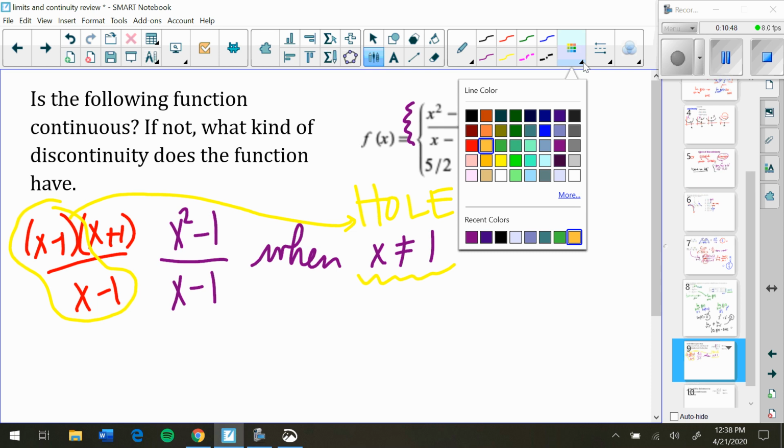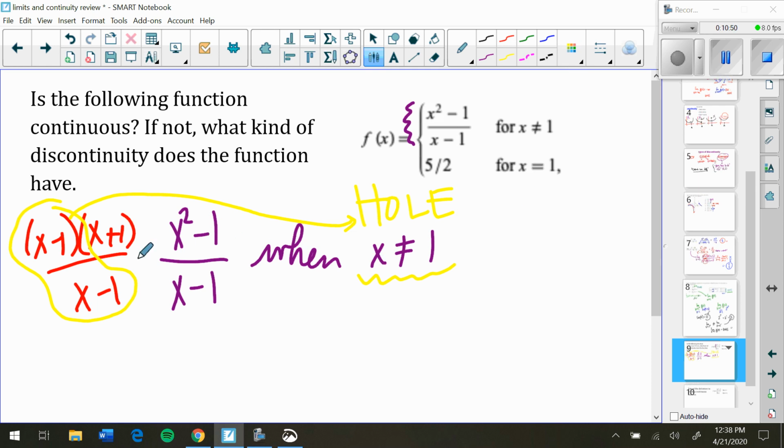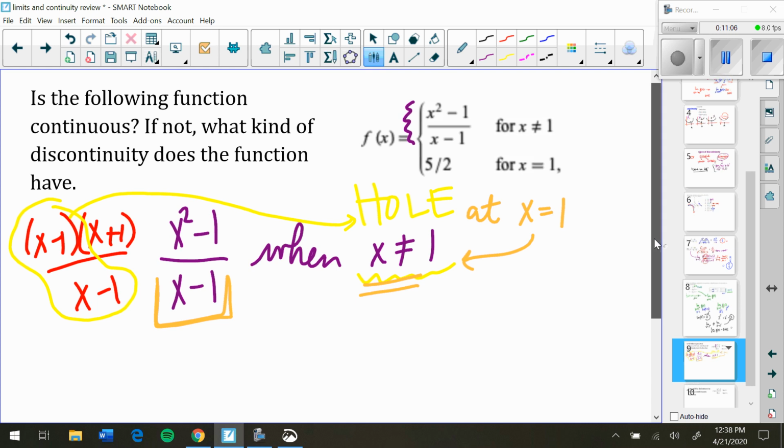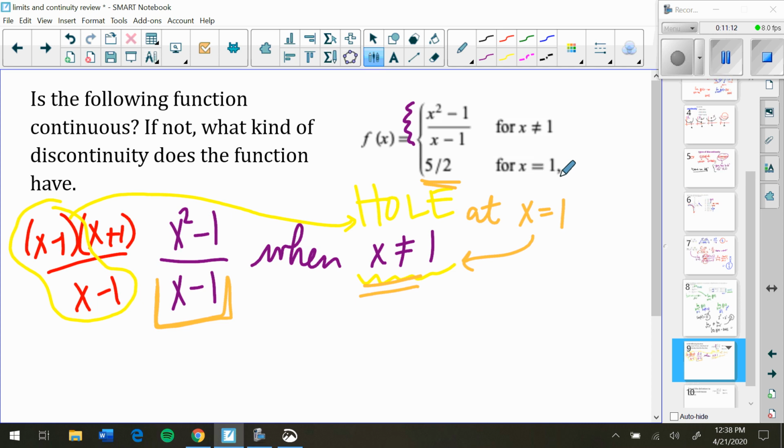That seems kind of weird, I realize, but basically we have this rational function, and there's a hole at x equals 1, which is okay because we're defined everywhere except that. All right, so now let's look at the second piece. The second piece is 5/2 when x is equal to 1.